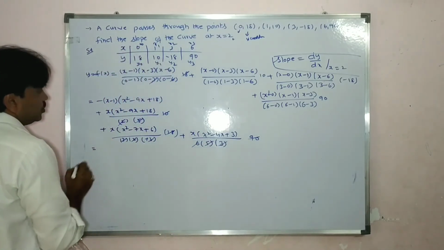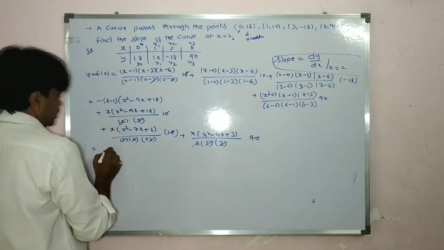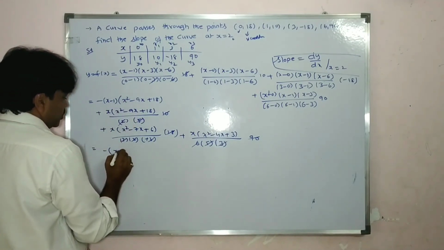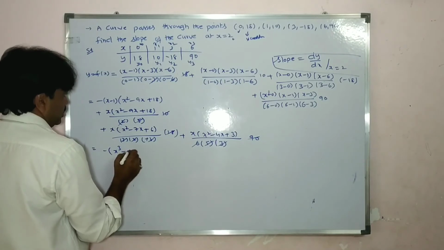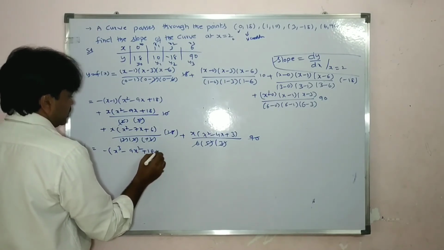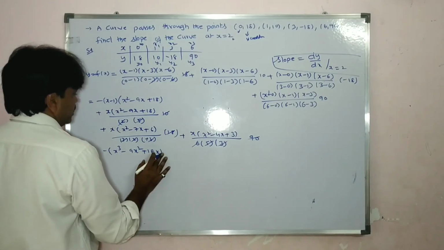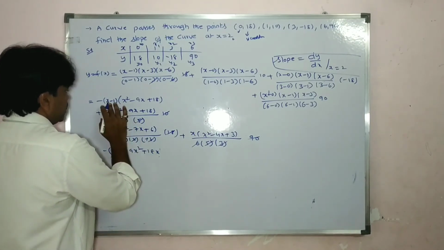So that is equal to minus of, multiply with x, x cube minus 9x square plus 18x, minus, multiply with minus 1.